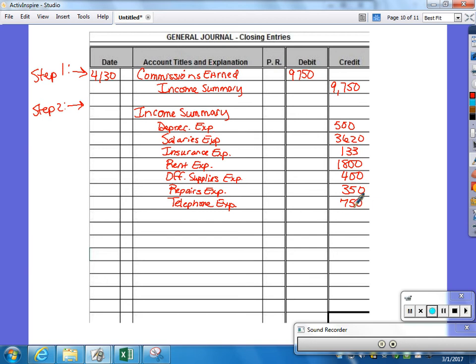What should income summary equal? The total of the expenses.